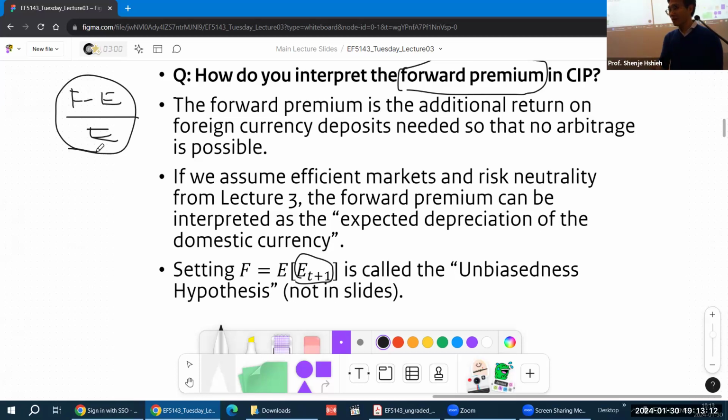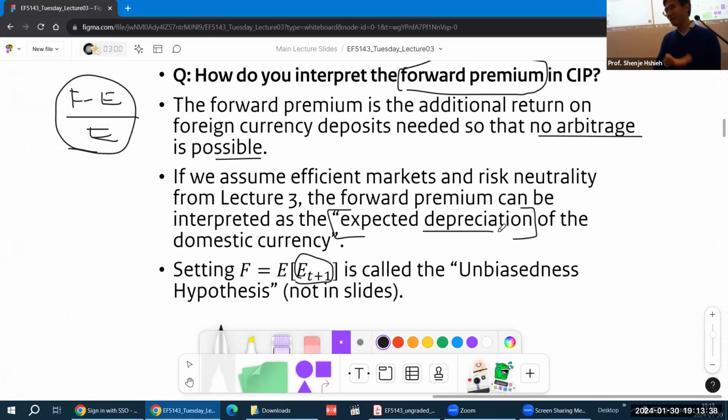That's how the forward premium is defined in this class. All right, so again, let me emphasize here, it's the additional return on foreign currency deposits needed so no arbitrage is possible. And the proper way to think about this as of now is it's the expected depreciation. So it's an average. It's the beliefs about the markets of how the future spot rate is going to come about in the future.